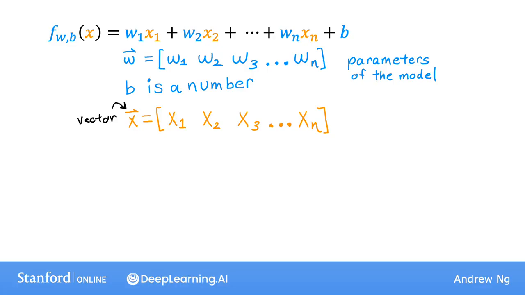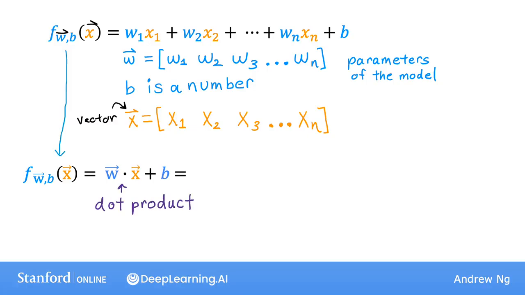So in the notation up on top, we can also add little arrows here and here to signify that that W and that X are actually these lists of numbers, that they're actually these vectors. So with this notation, the model can now be rewritten more succinctly as f of x equals the vector W dot, and this dot refers to a dot product from linear algebra, of x, the vector, plus the number b.